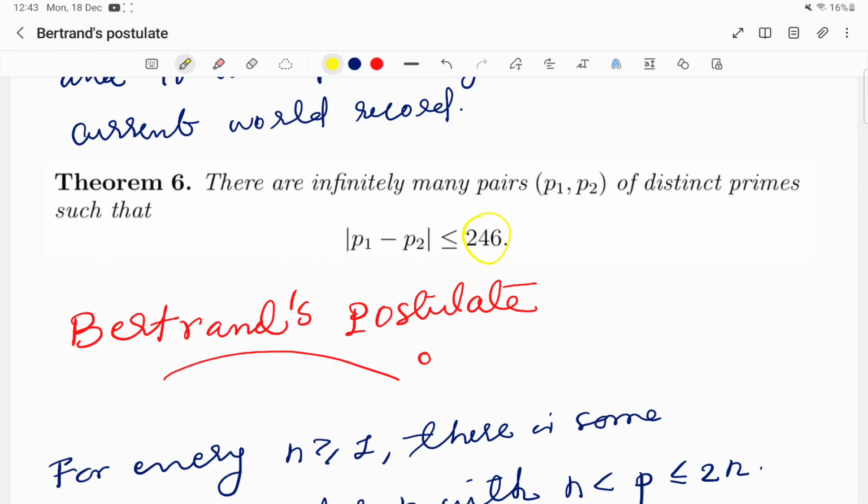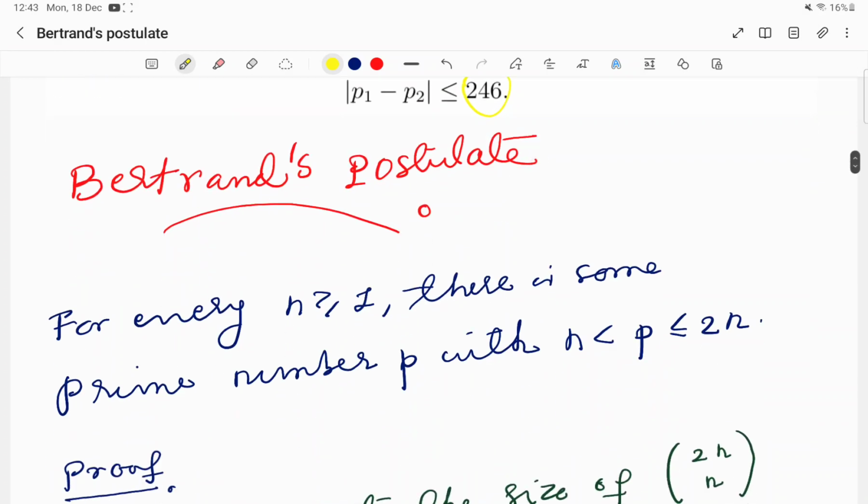Not only for a prime, but for any natural number n, there is a prime number between n and 2n. So you start from n, and you don't have to count beyond 2n; in between there is a prime.